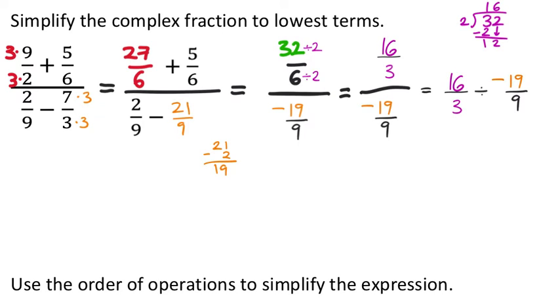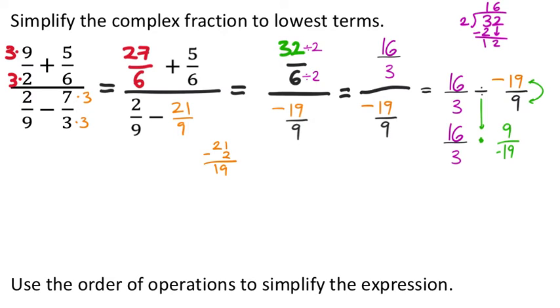So this is division, and as we've seen before, we don't actually want division, we want multiplication. So I'm going to keep the 16 thirds. But by changing this to multiplication, I got to flip this fraction. So it's now 9 over negative 19.